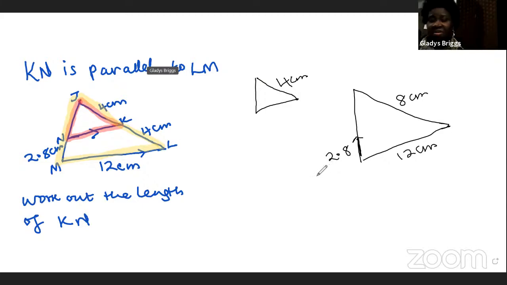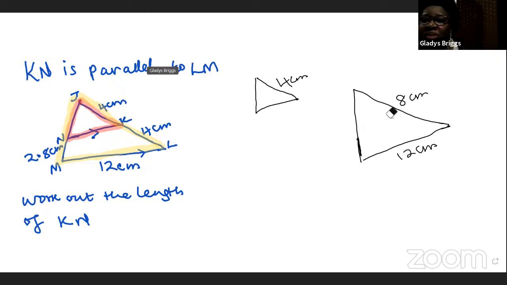How is that though? If they are parallel. So you can definitely find missing sides now. You've been given some things there, yeah?